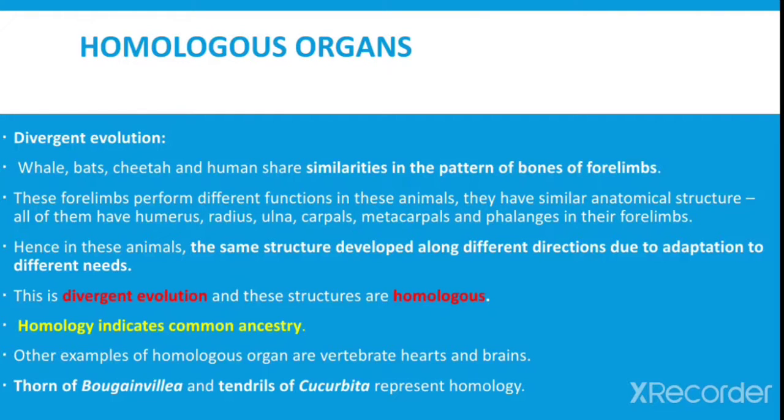That is, from a common ancestor, all these animals have descended or developed. Other examples of homologous organs are vertebrate hearts and brains. Then in case of plants, thorn of bougainvillea and tendrils present in cucurbit also represent homology.